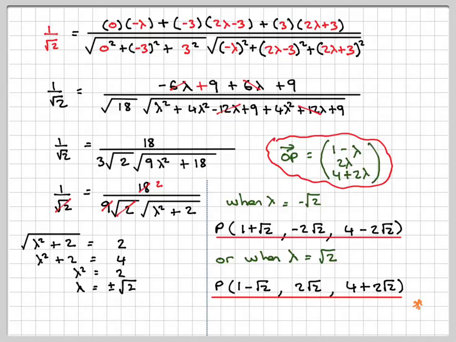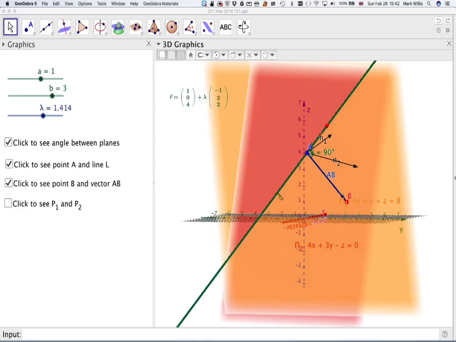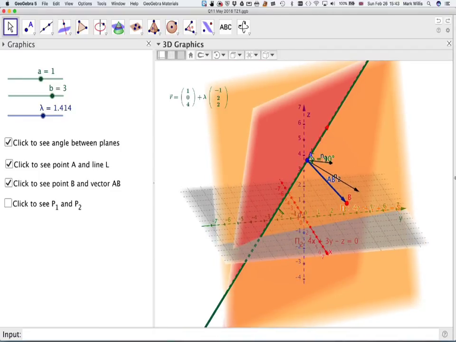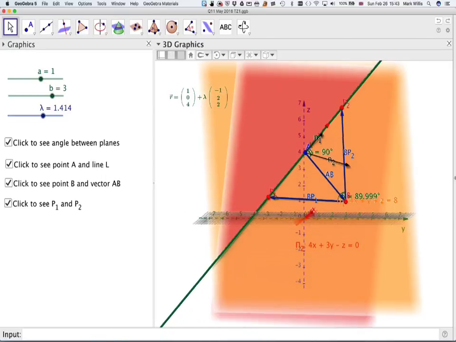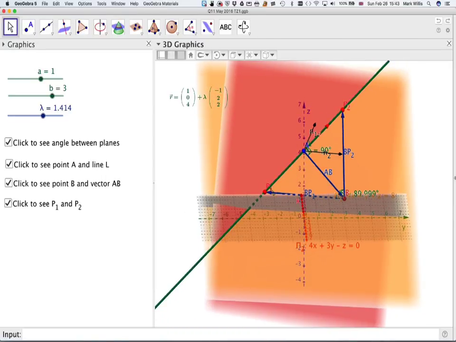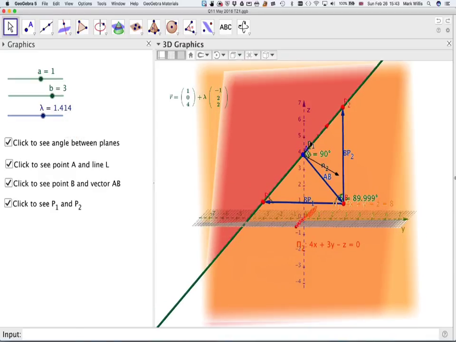Okay, and if we look back at this, and click the last one. Okay, I've actually got it roughly at root 2. This parameter here is near enough root 2. And we can see that the angle here is actually nearly 90, approximately 90.